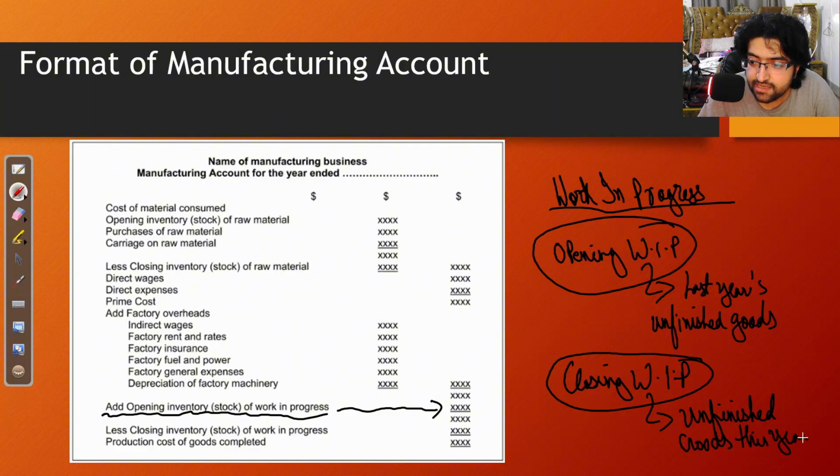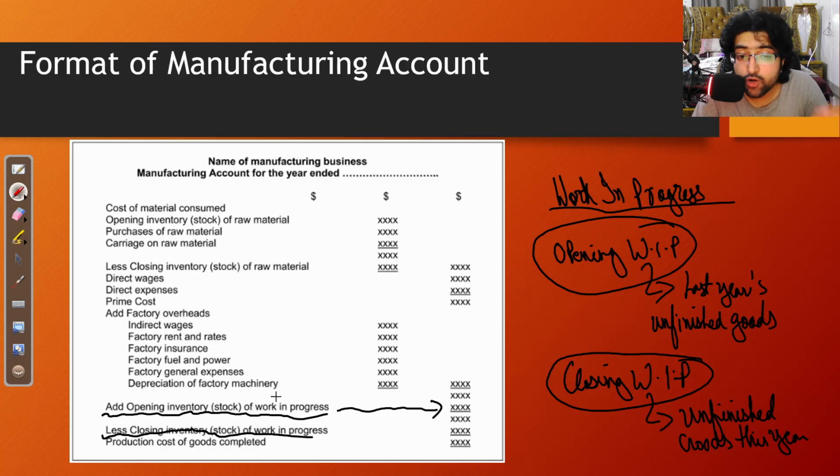So obviously they are incomplete this year, so we cannot include their cost in the manufacturing account, as when they are unfinished, how will we sell them? Can you sell unfinished goods? No. So they will be sold in the next year now when they are finished, right? So when they will be sold in the next year, we can only include their cost in next year's manufacturing account. That's why we less closing inventory of work in progress.